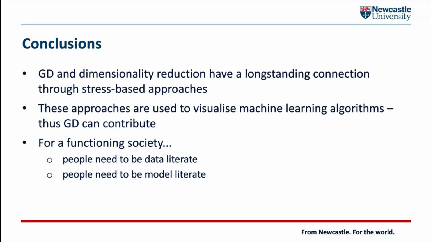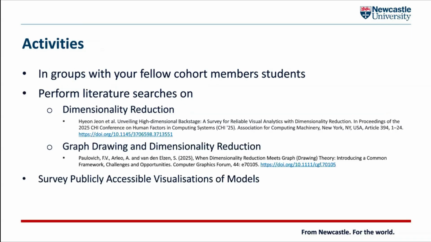Okay, so I don't have a problem set. What I do have, you guys have literature here. I'm going to ask you to get into groups. Okay, and we have essentially 3 questions. You can do some literature reading around this topic. The first topic is dimensionality reduction only. I included this one because the GD people know about graph drawing, right?